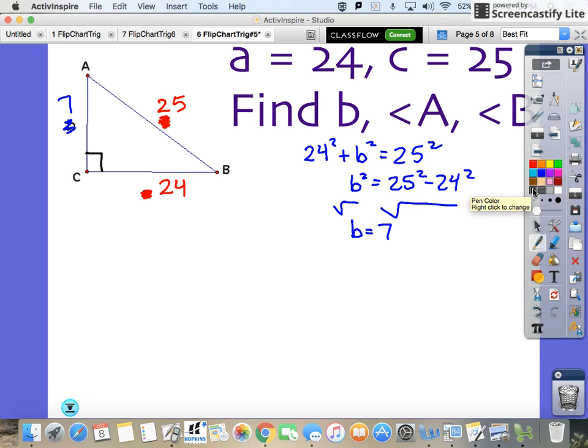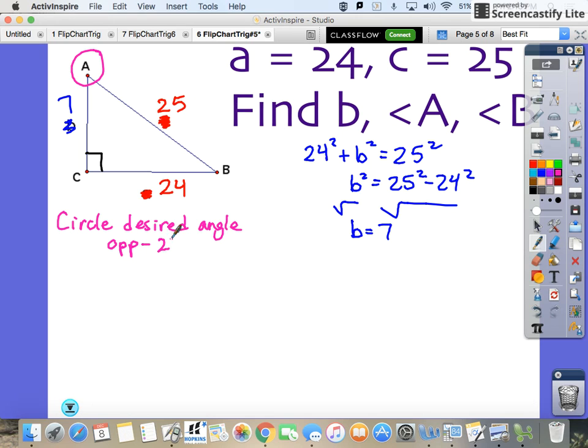So we're going to find angle A first. We need to go stand over at A. And the two sides we were given are the ones that we should really use. In this case, that's the opposite, so the opposite of A is 24, and then this is the hypotenuse, which is 25.